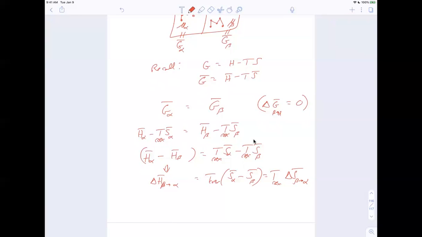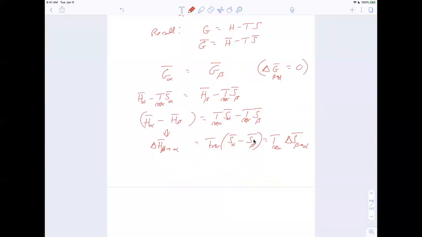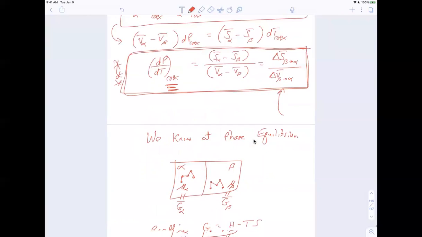So we can solve for this delta S: delta S bar to go from beta to alpha is equal to delta H bar to go from beta to alpha divided by T coexistence. And why do we want delta S beta to alpha? Well, we just saw that it appears in this equation right here.